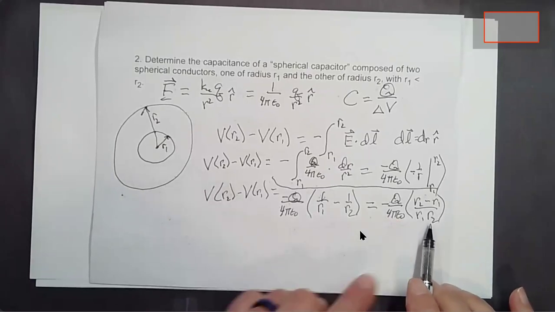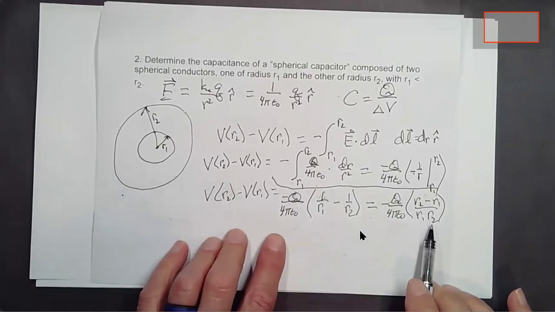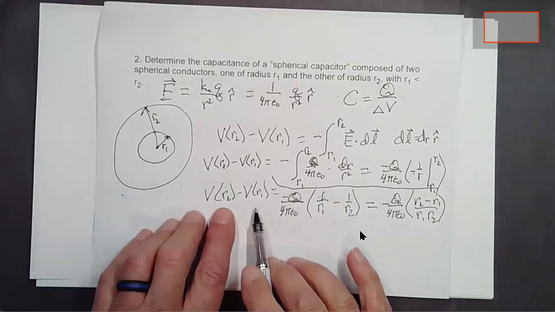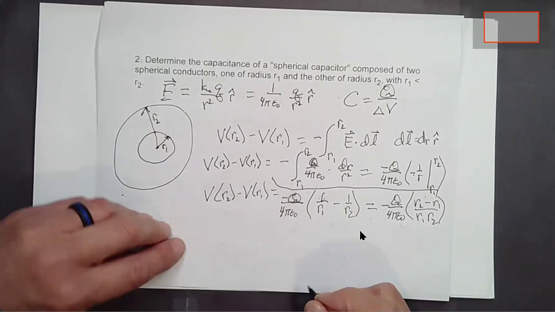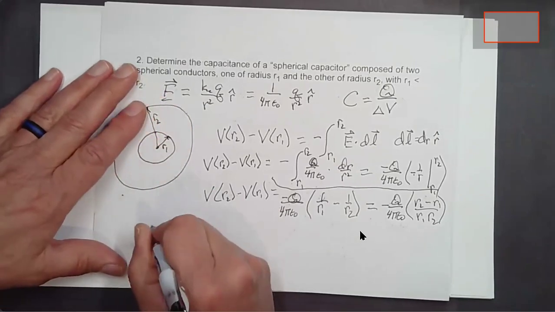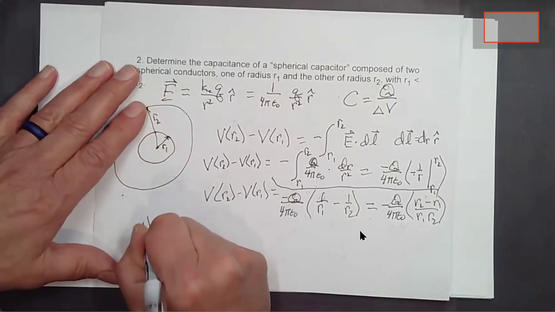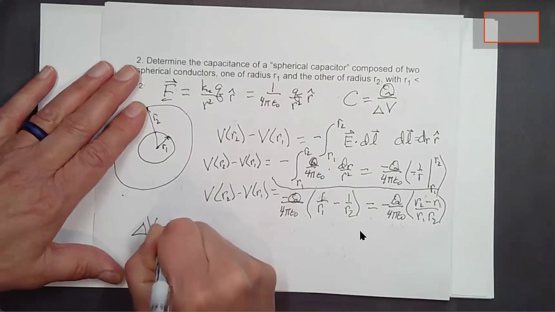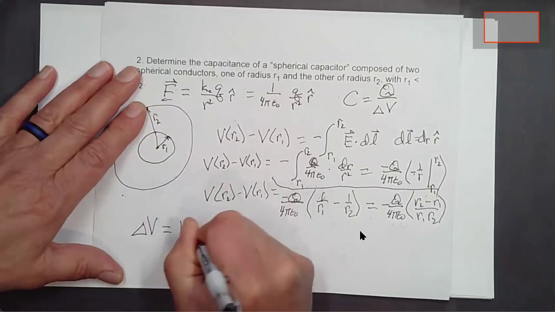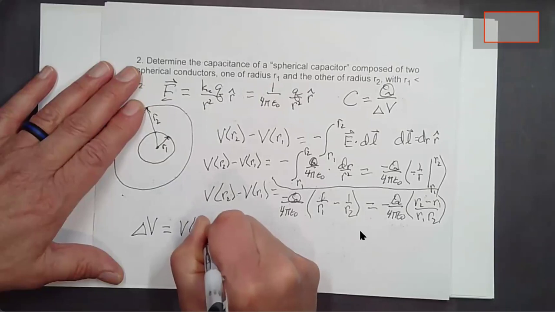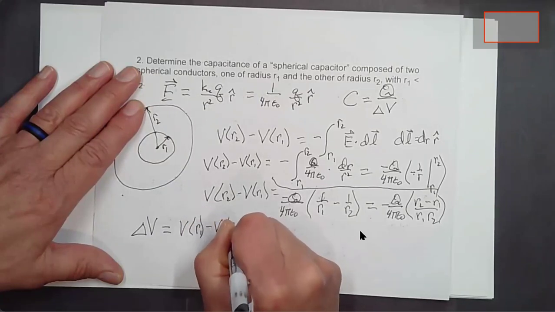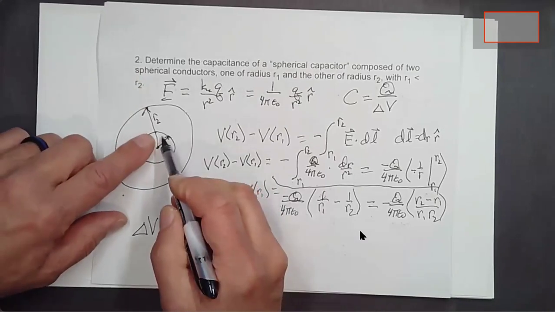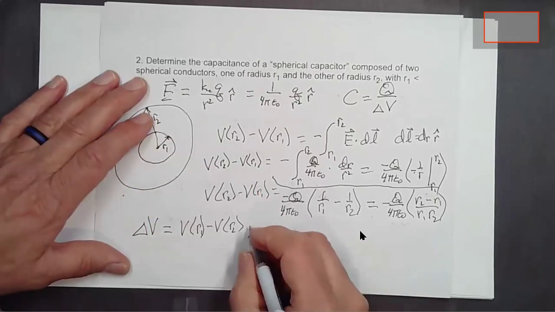All right. Well, I want Q divided by delta V. And by the way, this is V of R2 minus V of R1. If I decide that delta V for my capacitance expression is going to equal V of R1 minus V of R2, I just take this potential minus that potential.